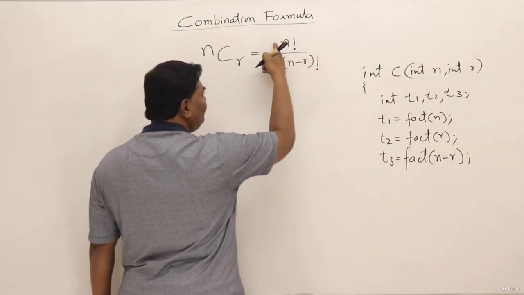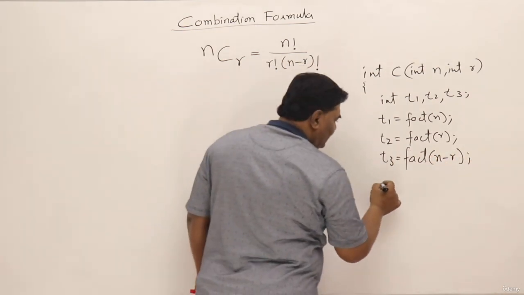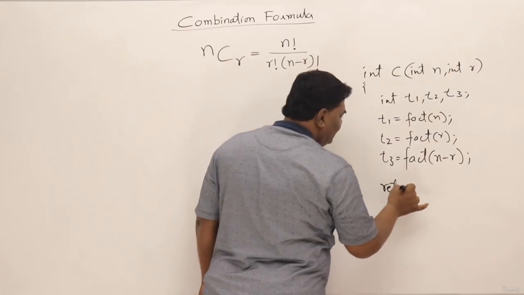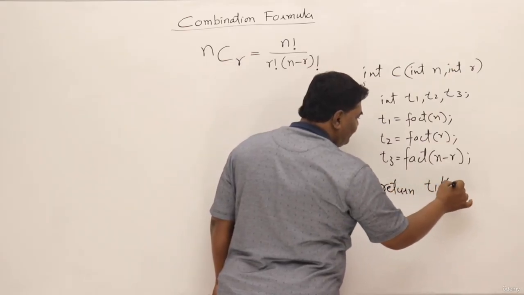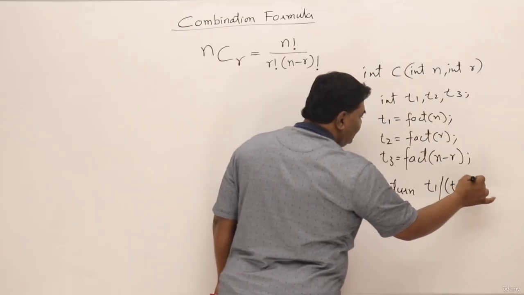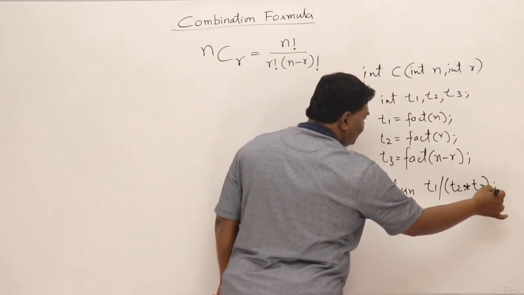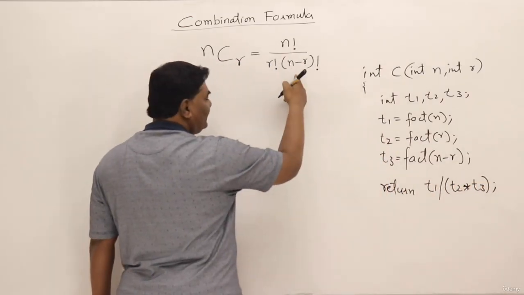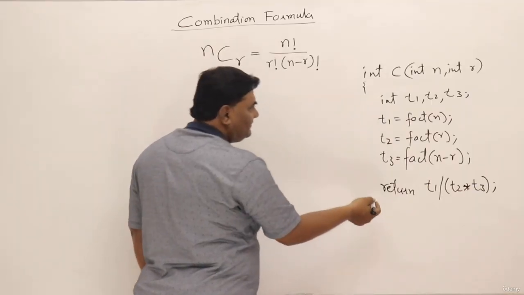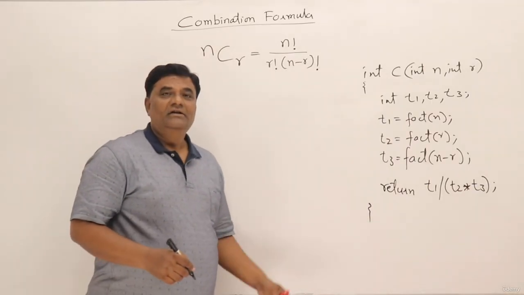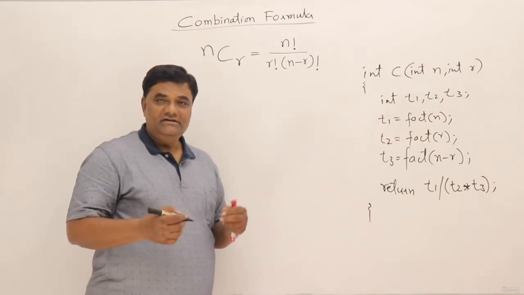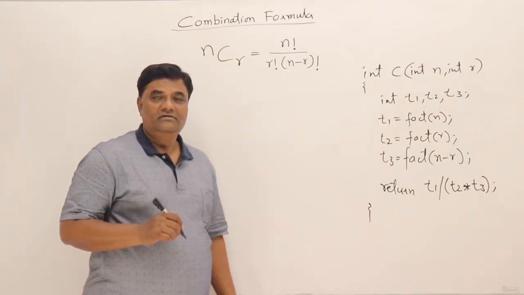So I got all 3 factorials. Now I have the result, I can just return t1 divided by t2 into t3. These must be in brackets because both are in the denominator. That's all. It's a simple function for finding the nCr value for any given n and r.